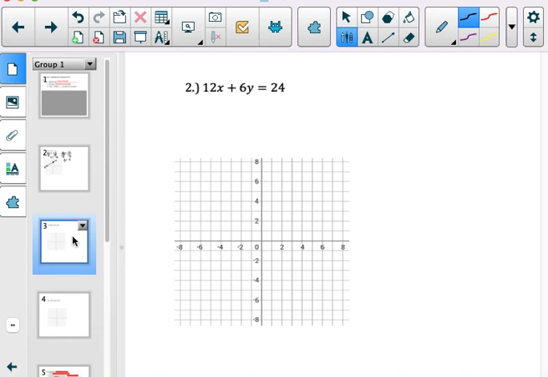I want my x-intercept, I'm plugging in 0 for y. I have 12x equals 24. Divide both sides by 12. My x-intercept is 2.